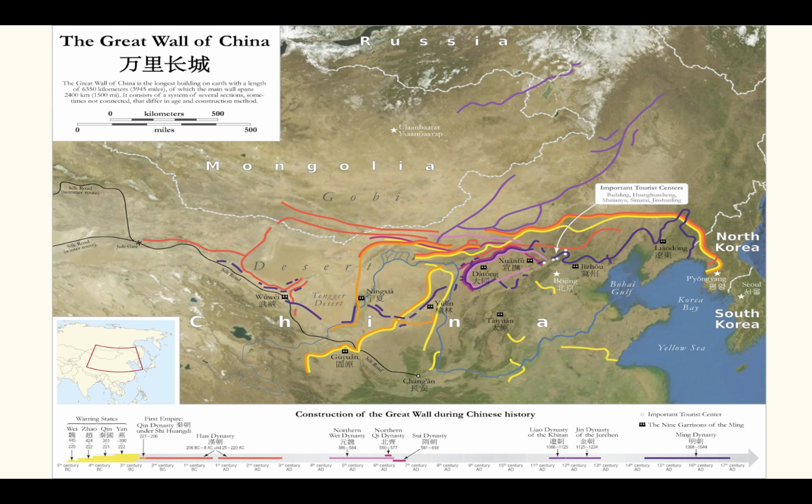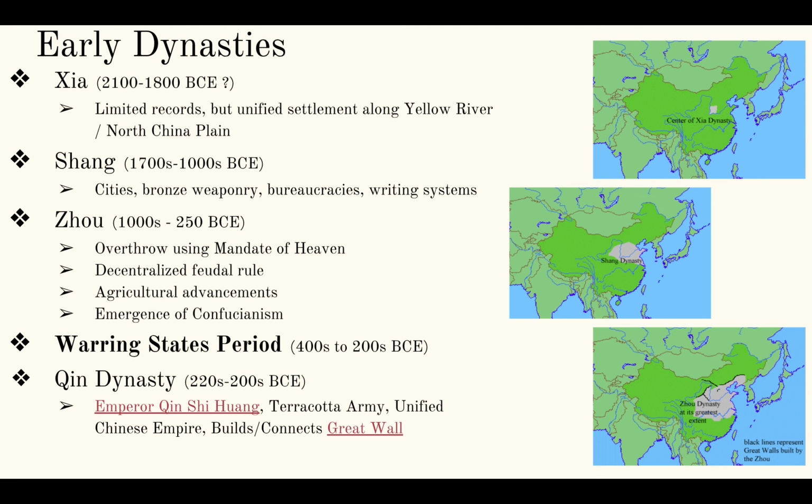Later stuff, especially the stuff we would recognize a lot from National Geographic and pop culture imagery, is going to be the stuff that's made in purple, and that's made largely under the Ming Dynasty in the 14, 15, 1600s CE. But there's been a real diversity of wall construction throughout Chinese history. But this gets back to the Qin Dynasty all the way back in the 3rd, 4th, and 2nd century BCE.